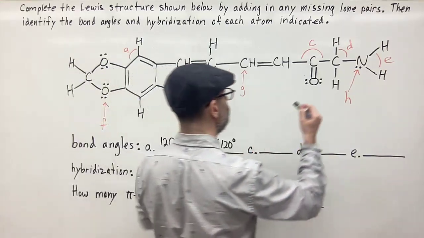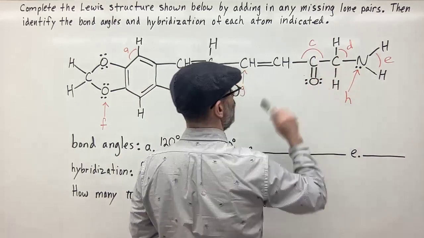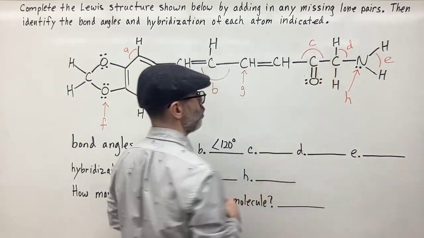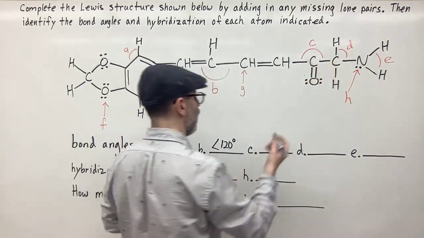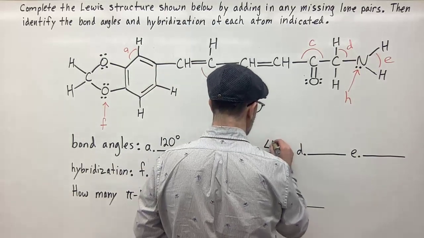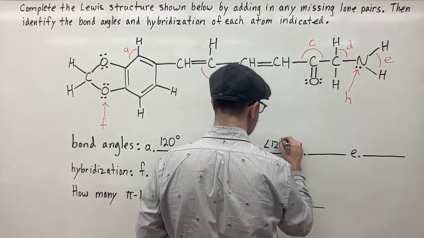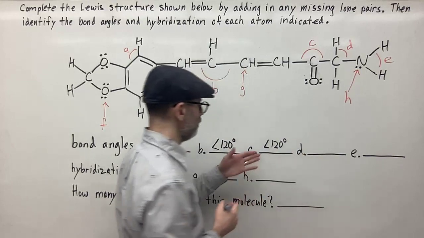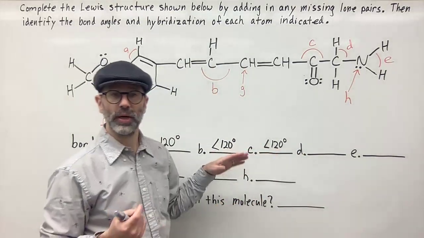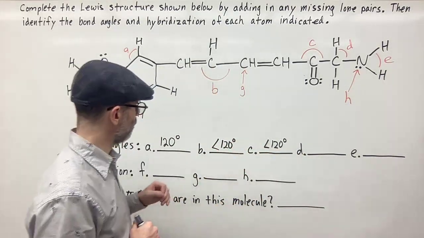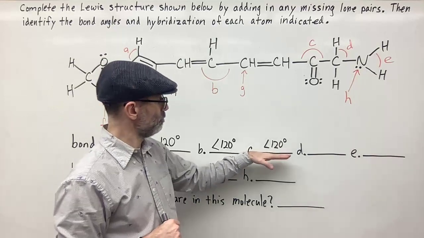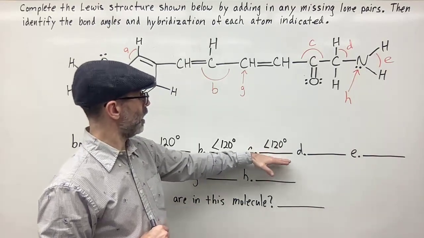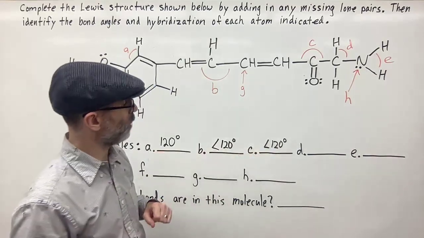So here, this is going to be trigonal planar, and the bond angle here is going to be 120 degrees, or technically probably a little bit less than 120 degrees. But again, 120 degrees is fine if you're not being picky. So this is going to be 120, 120, 120 so far.